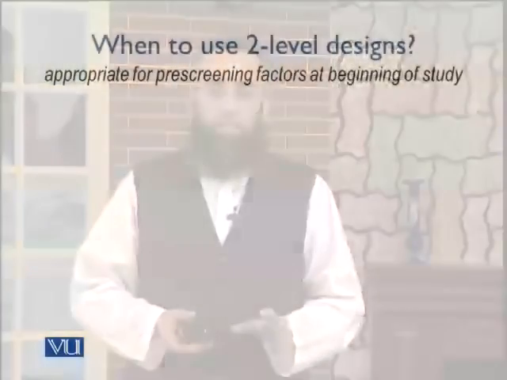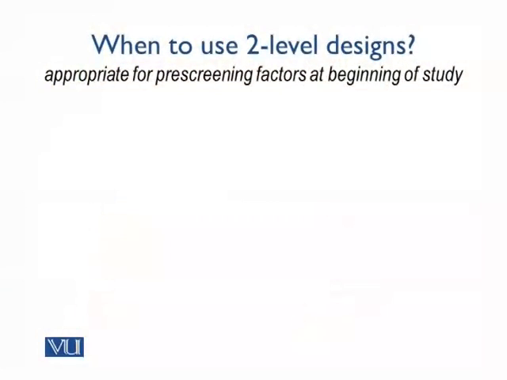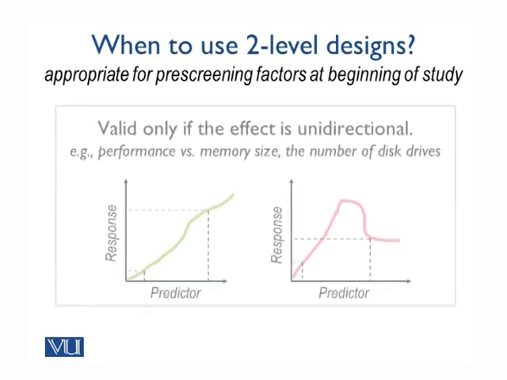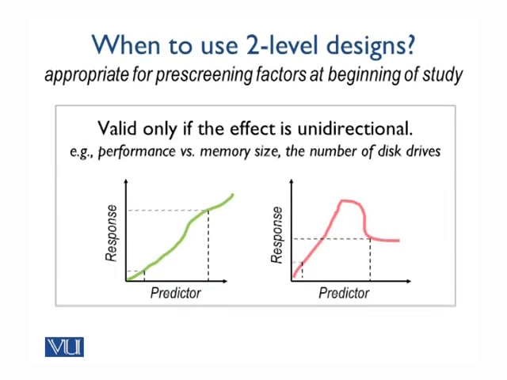So there is a catch here, however, and that catch is that such designs are most appropriate when the relationship between a predictor and a response is monotonic, which means you have a single direction in which the relationship is moving.